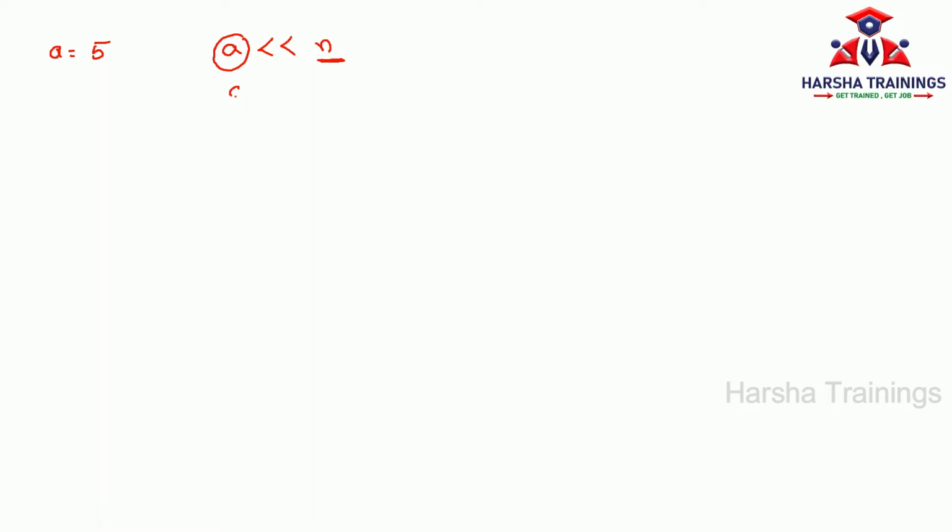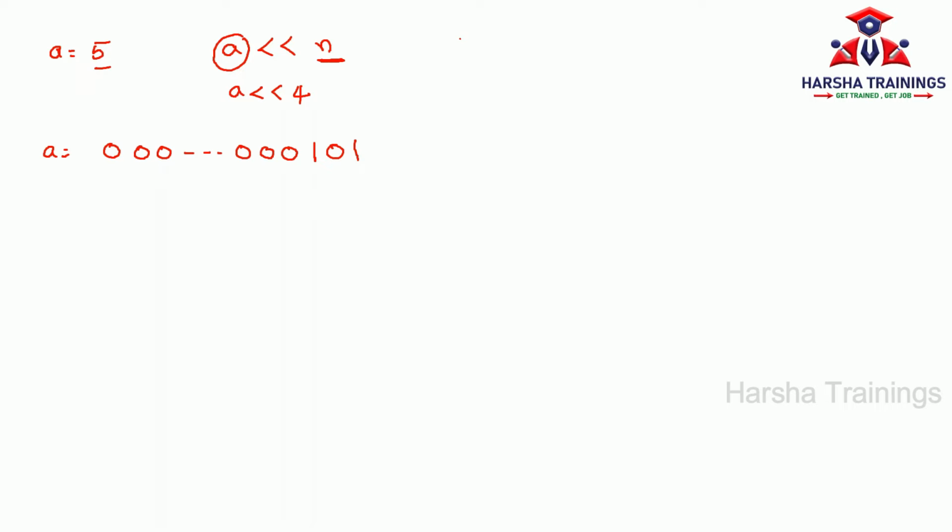For example, a << 4. A is left shifted by 4 times. Left shift in the sense moving the bits to the left side. Originally, what is my number? A is equal to 5. Convert into binary: 0, 0, 0, 0, 0, 0, 1, 0, 1.